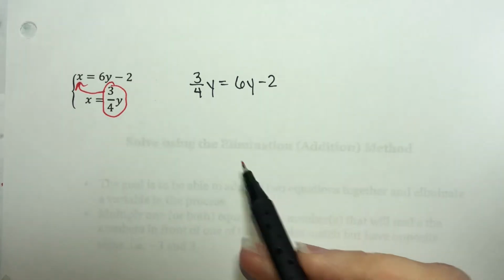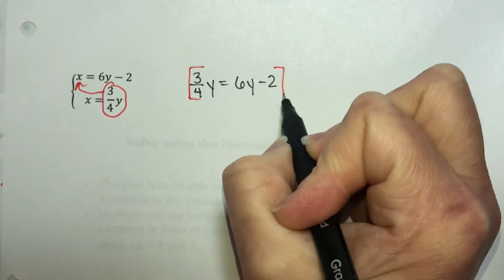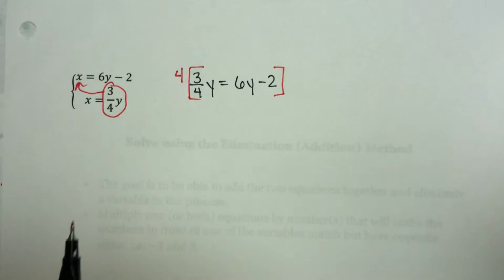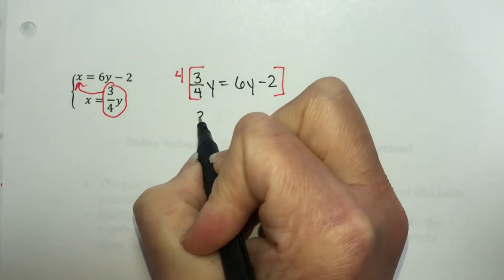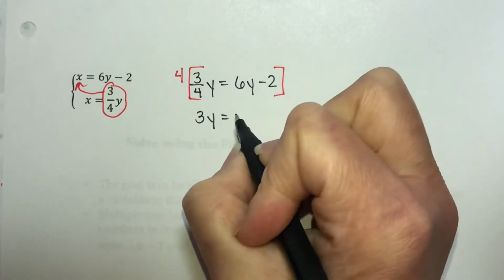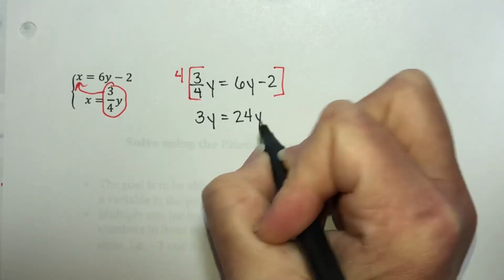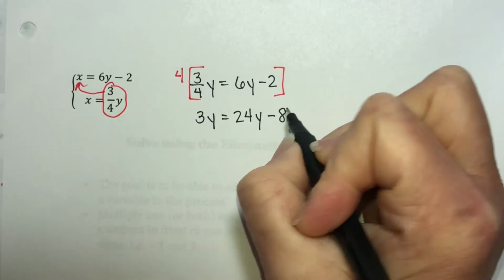So to solve this for y, I'm going to get rid of this fraction. I'm going to multiply absolutely everything by 4. 4 times 3/4 y will give me 3y equal to 4 times 6 is 24y. 4 times negative 2, that's going to be minus 8.